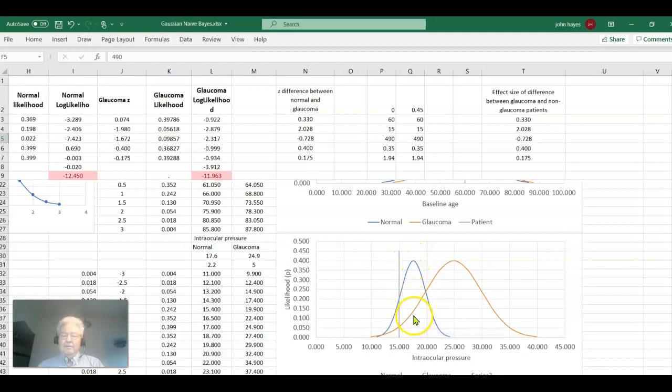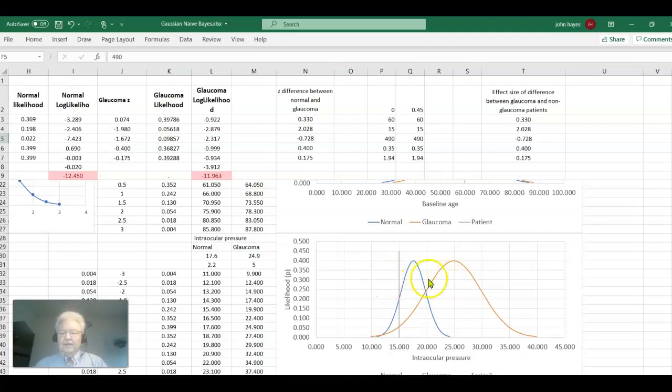All of these people right here in the red line have an absolutely normal IOP. There aren't too many people that are not glaucomatous that have a usual IOP for glaucoma.